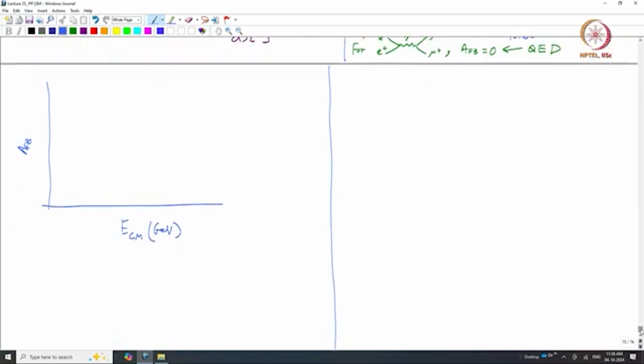Let me mark off some numbers. This is -1, -0.5, 0. Let me mark 0.5 more carefully. This is 0.5 and this is 1.